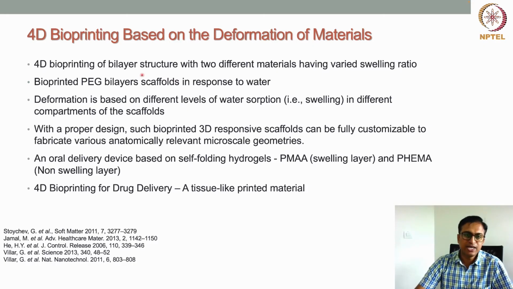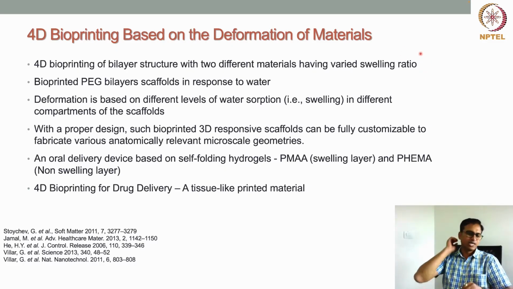This bilayer structure has two different materials with varied swelling ratios in the two layers. One layer is made up of one type of material having one swelling ratio, and the other layer has another type of material with another swelling ratio. And if there is a difference in swelling ratio, then what will happen?